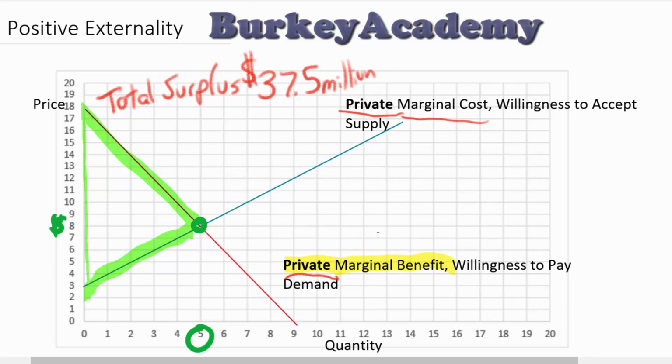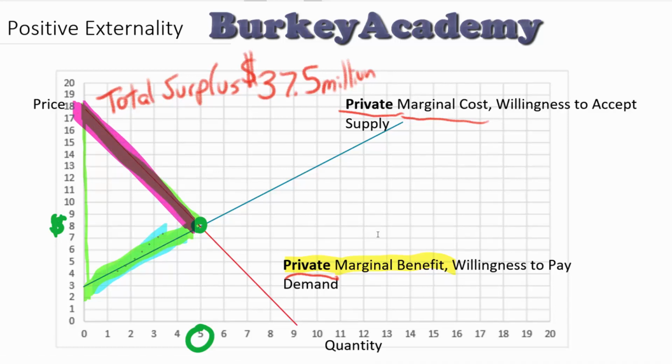And again, keep in mind this idea that total surplus is simply the difference between the value, the willingness to pay of people for a product, minus the cost of producing those units of the product. So this area here is just the value minus the cost.